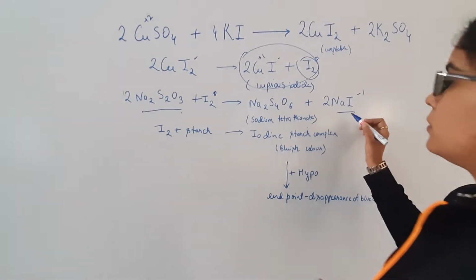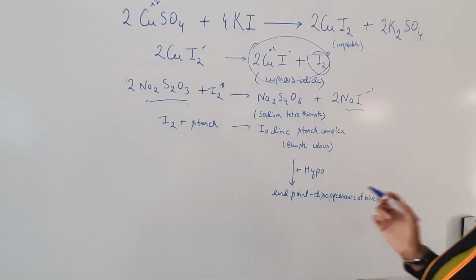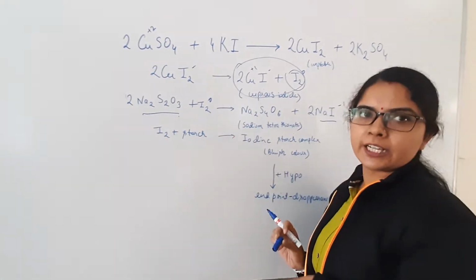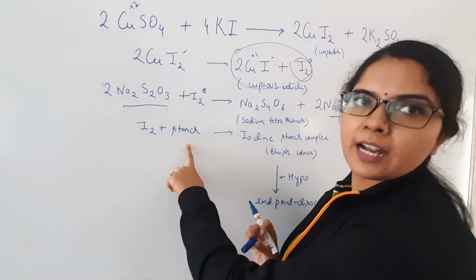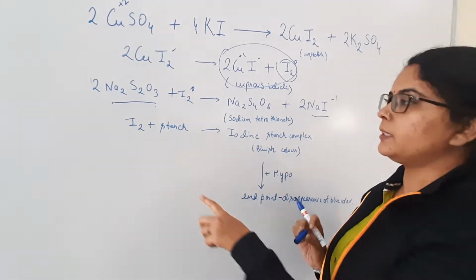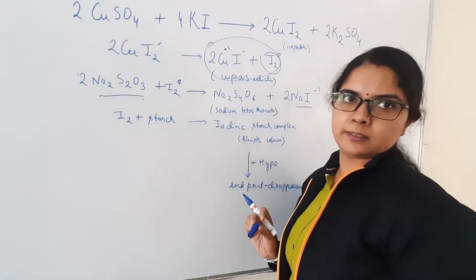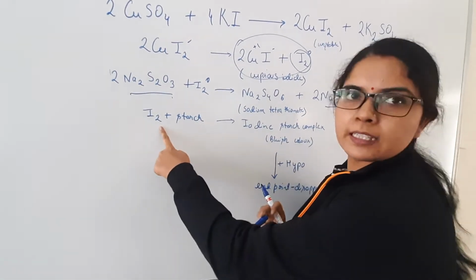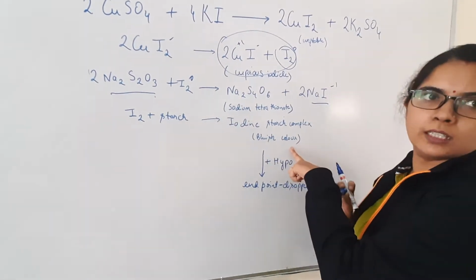Now your iodine has reacted with the hypo solution. But we have some extra I2 left in the reaction mixture. At this point we have to add starch, which is an indicator. Starch absorbs the excess iodine and forms the iodine-starch complex, which gives a blue color.